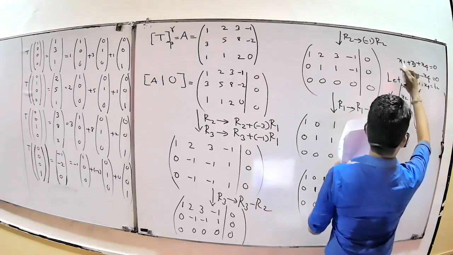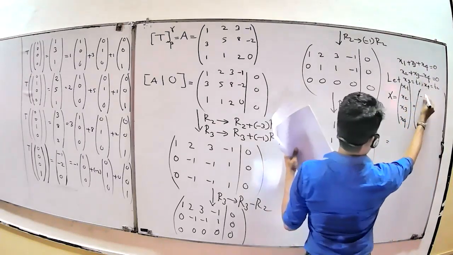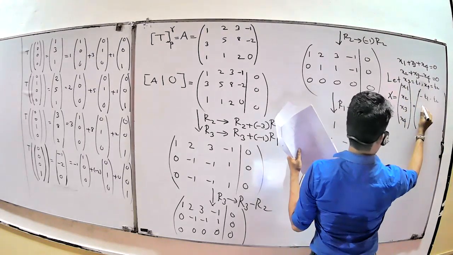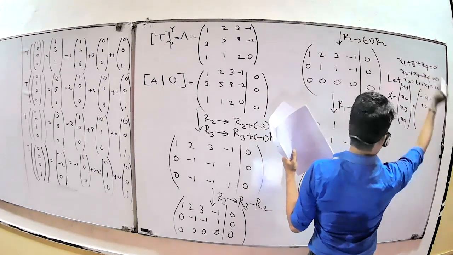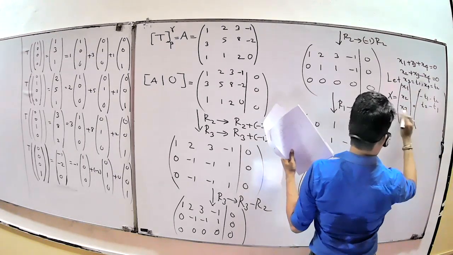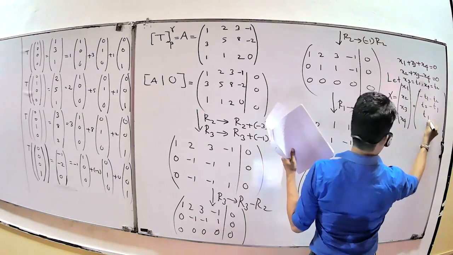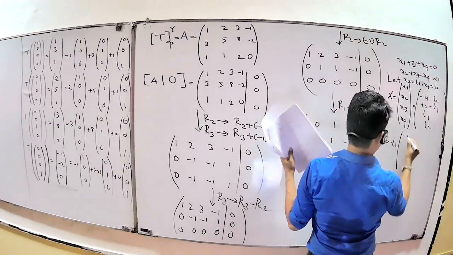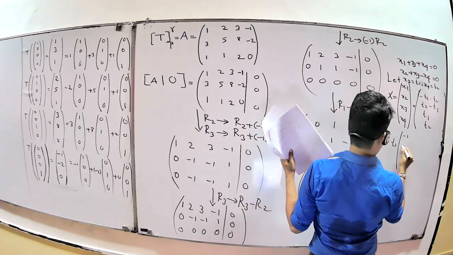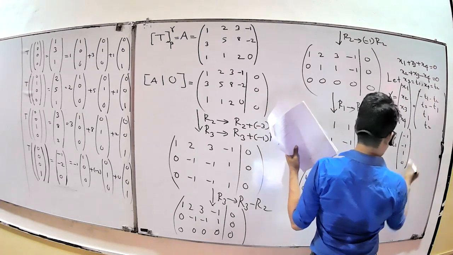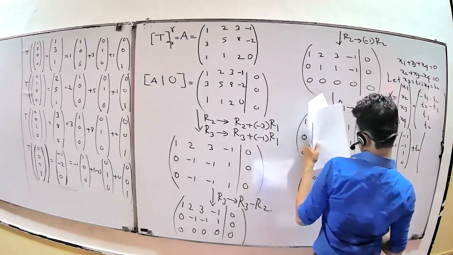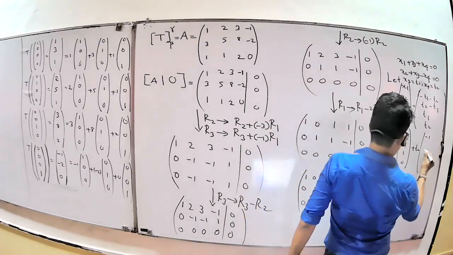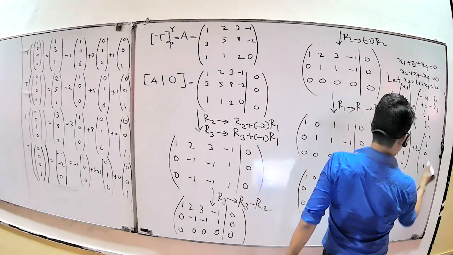Now you can write x1 equals minus x3 minus x4, that is minus t1 minus t2; x2 equals x4 minus x3, that is t2 minus t1; x3 is t1, x4 is t2. Suppose you take t1 outside, you get minus 1, minus 1, 1, 0. Take t2 outside, you get minus 1, 1, 0, 1.